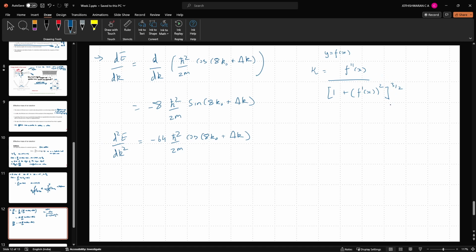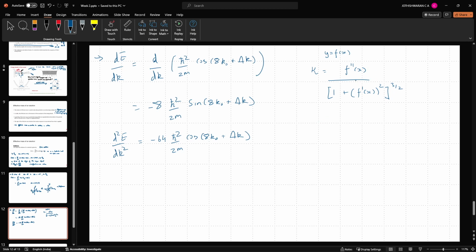Sorry, this is the definition for the curvature. However, we shall not be using this expression. You would have noticed that in class, this is not the expression that is considered.